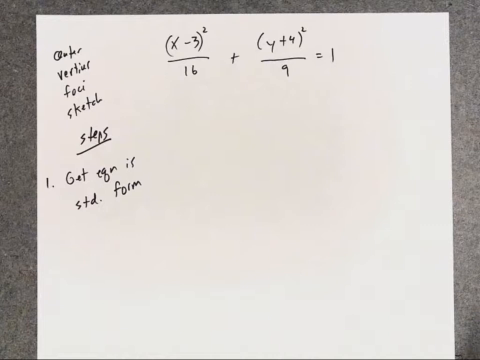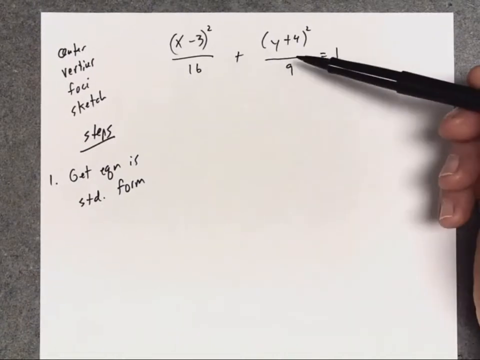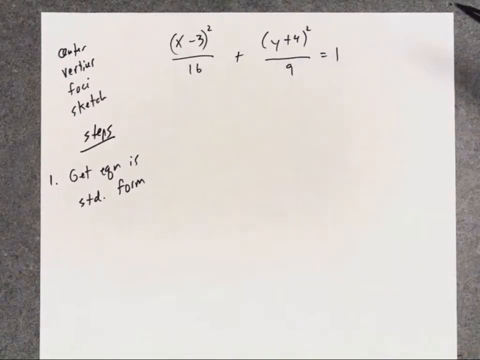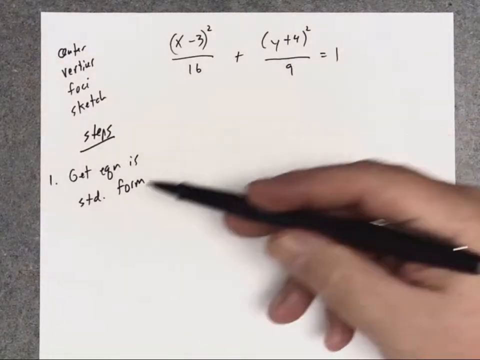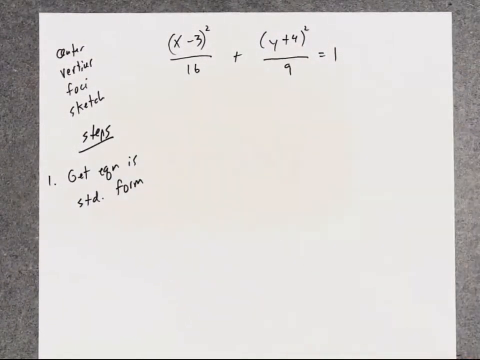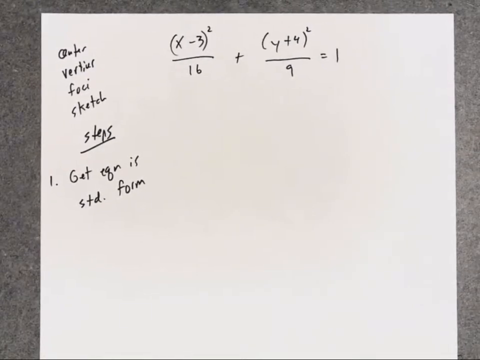So we look at ours, and as it turns out, this equation is in standard form. So for this problem, there's really nothing to do for problem 1. Later on, we'll do some examples where we do have to do some work to get the equation in standard form. For this first one, sort of an introductory problem, an easier one, we don't have to do anything to get it in standard form.